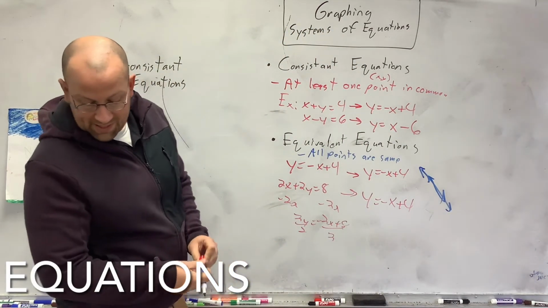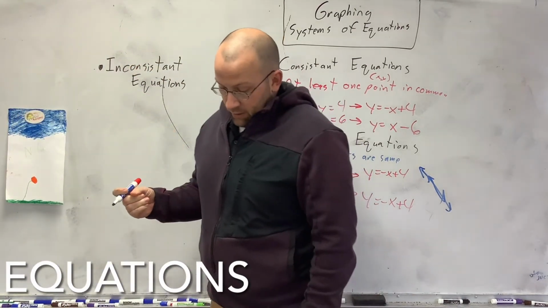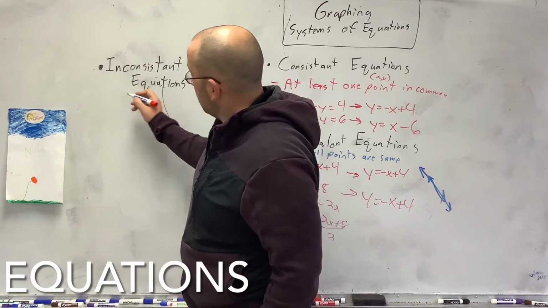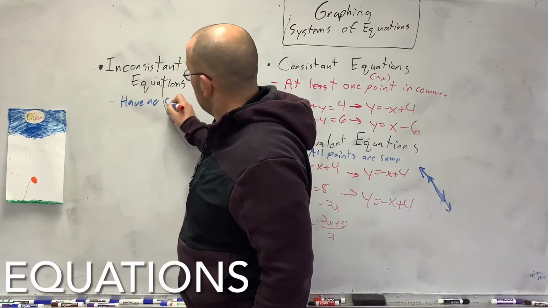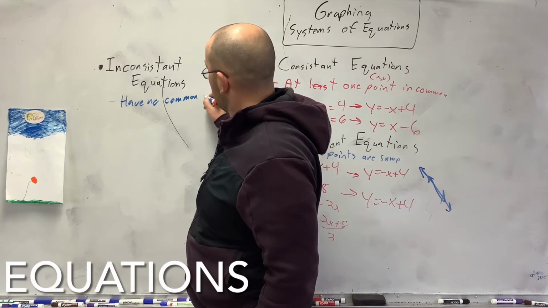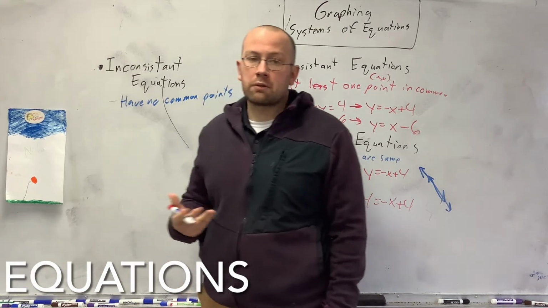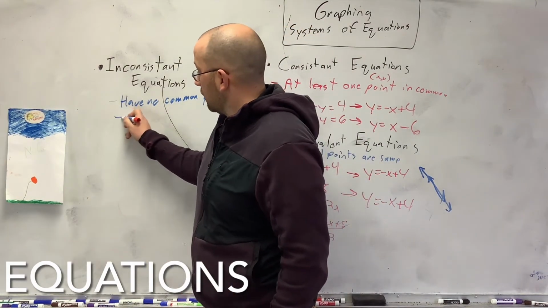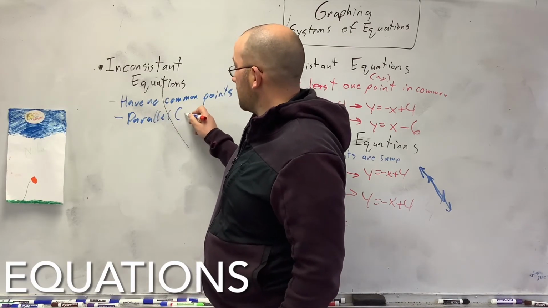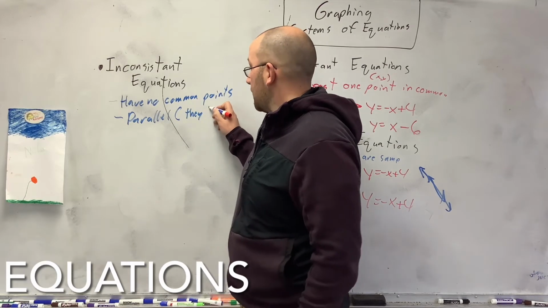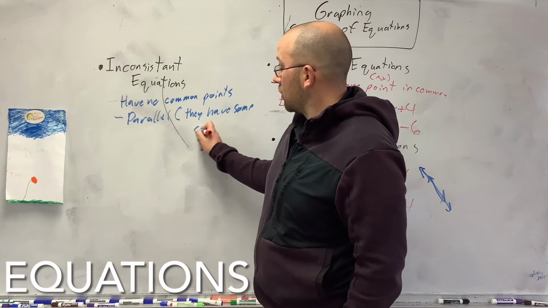Alright, and the last one is inconsistent equation. So an inconsistent equation is they have no common points. Alright, if something has no common points, two different equations, that means the lines are parallel. And if they're parallel, that means they have the same slope.